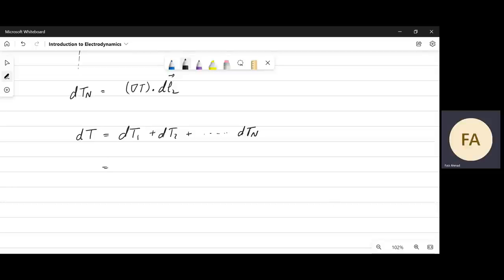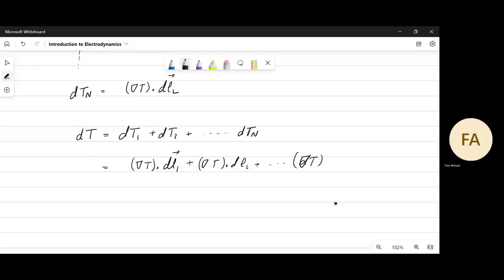Using the above definition for dT, it will become gradient T dot dl1 plus gradient T dot dl2 and so on to gradient T dot dln.